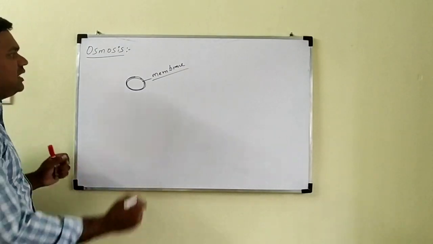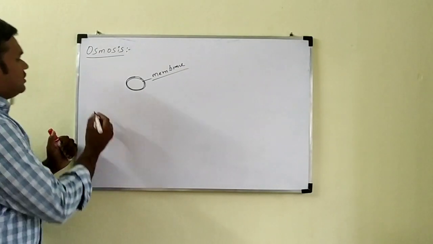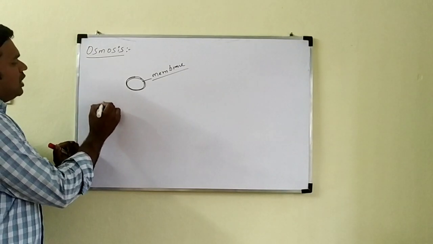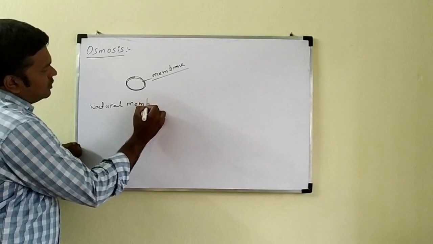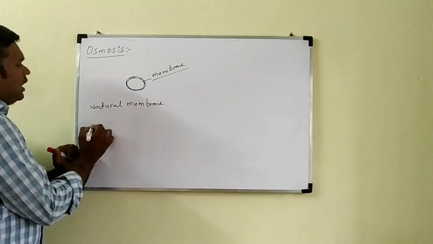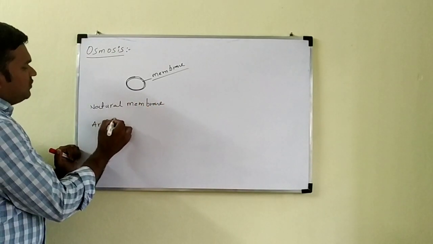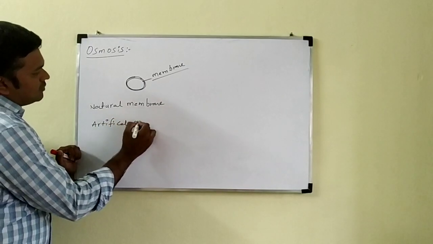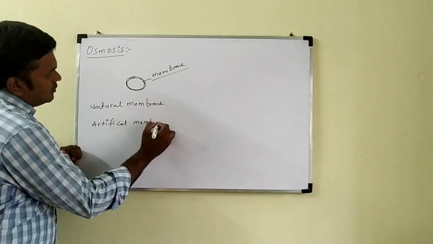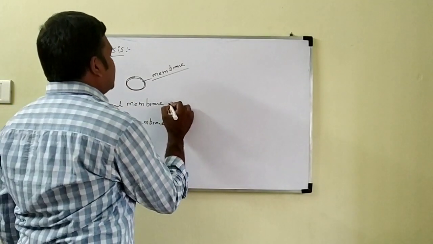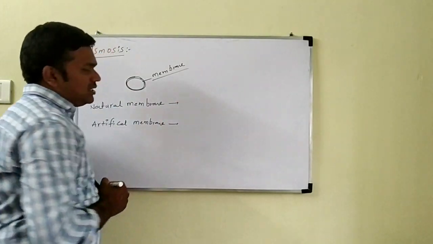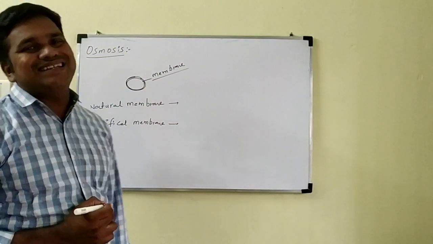Generally, membranes are of two types. We have natural membranes, and the second one is artificial membranes. Natural membranes are obtained from plants and animals.